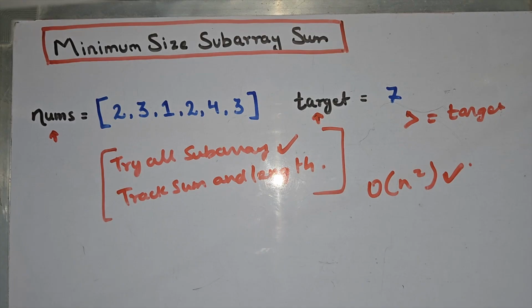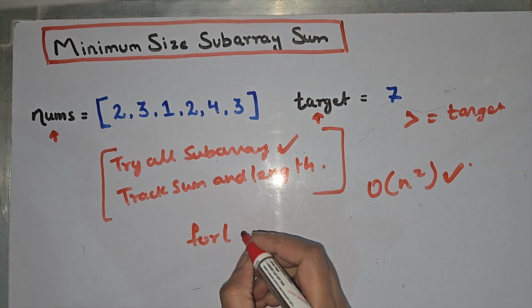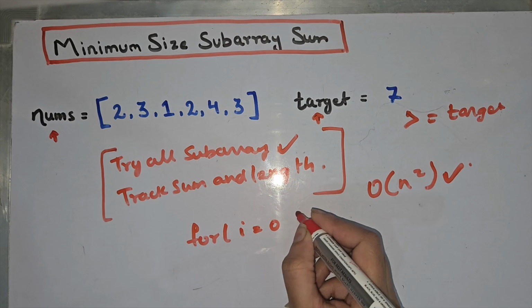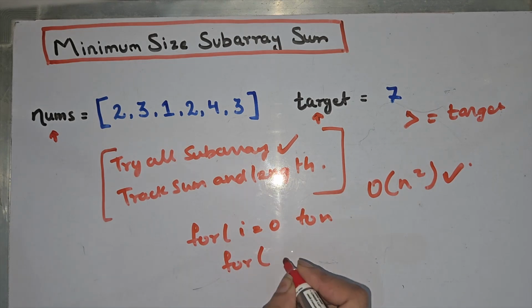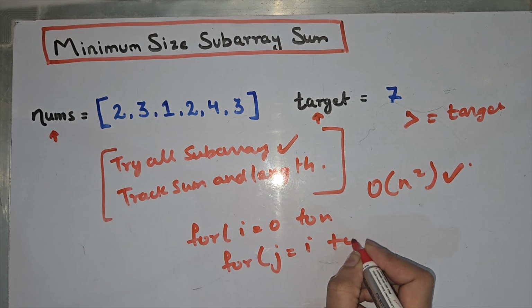So what we need to do in the naive solution is we will have a loop from i equal to 0 to n and a loop j equal to i to n.